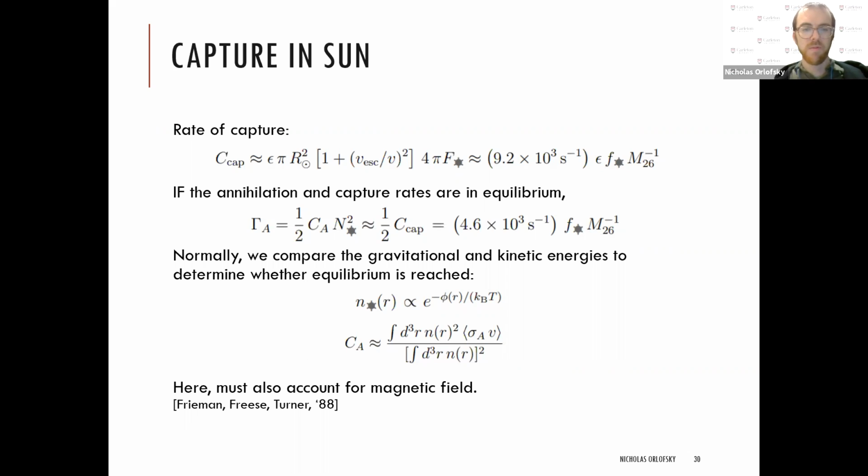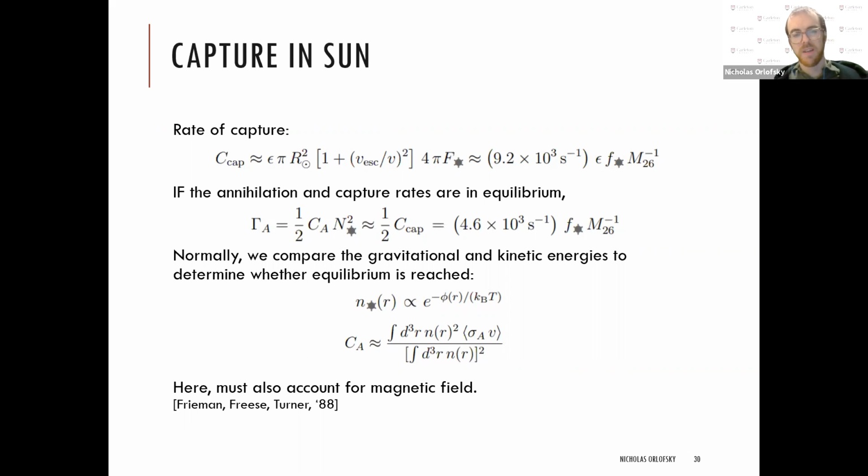And then the only question remaining is whether or not they reach equilibrium. And the answer is different for different systems, whether you're talking about the sun or neutron stars. So let's stick with the sun for now.